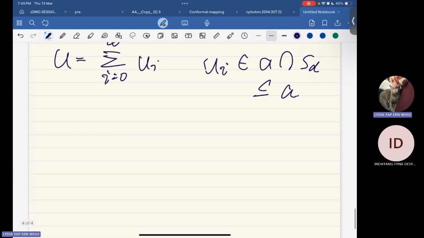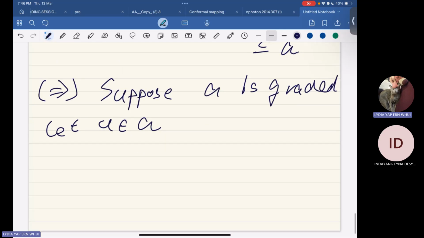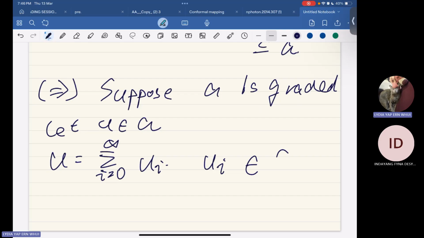Now the other direction. We suppose that A is graded, and consider u in A. Again, we can write u as the sum of u_i, where u_i are elements in S_i.